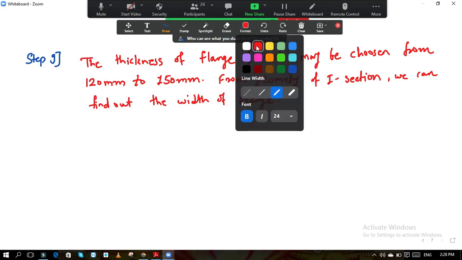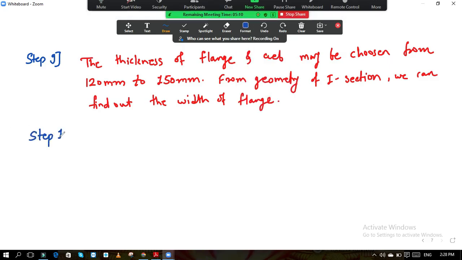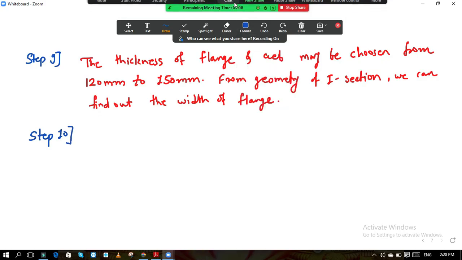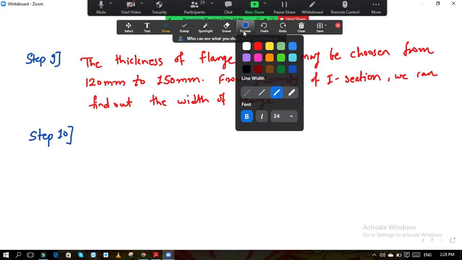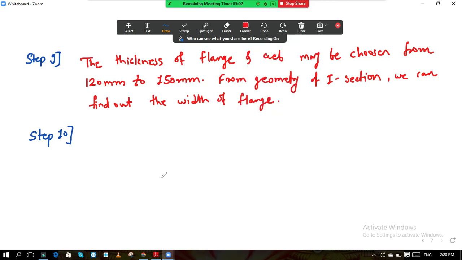Then step 10. Area of tendon. Area of steel or tendon.